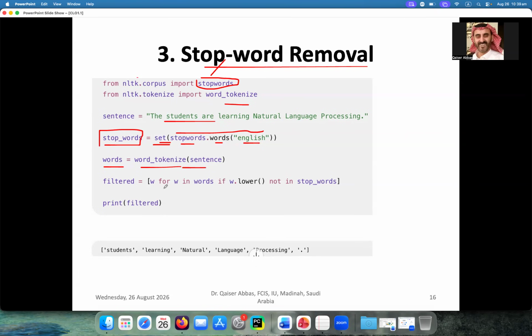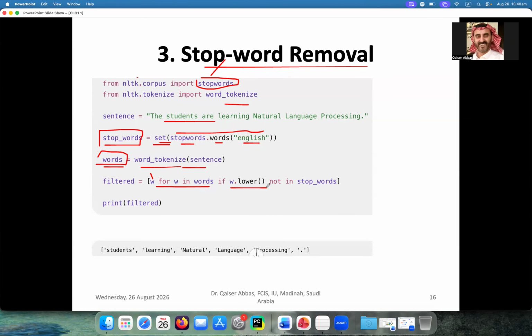And now we have a loop. W for W in words. So in this words, how many words? 1, 2, 3, 4, 5, whatever the sentence. So for each word, this loop will go on. Each word will come here in this W, and then you are checking w.lower(), converting each word into lowercase.